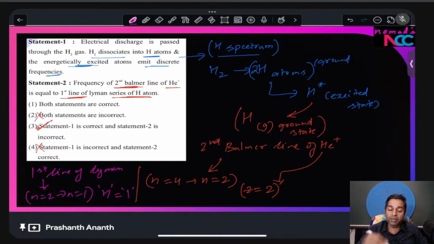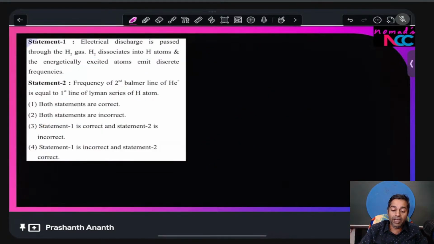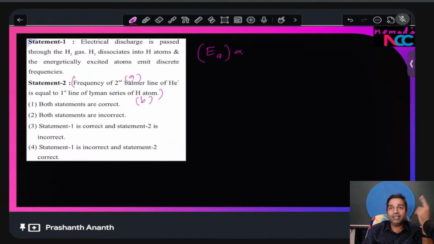Okay, so let's put them down into a context directly and see what is going to be happening here. The two lines which we are going to be considering, energy wise, let's call this A, let's call this B. Energy of A is going to be proportional to Z squared by n squared.